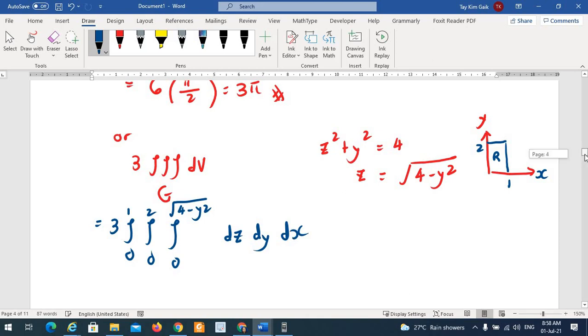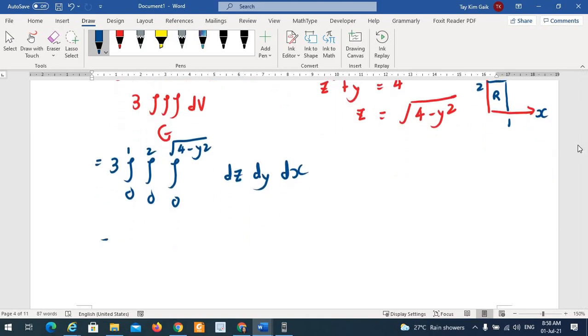If you use dz dy dx, integrate 1 dz, you have z, and then z from 0 to the square root of 4 minus y squared, dy dx.